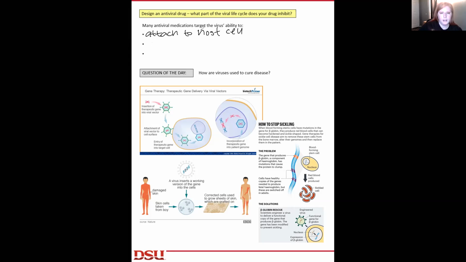The second is to perform reverse transcription. And then the last way is it prevents it from integrating with the host cell's DNA.